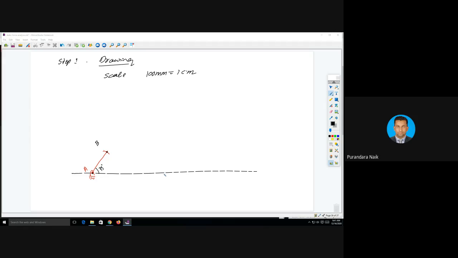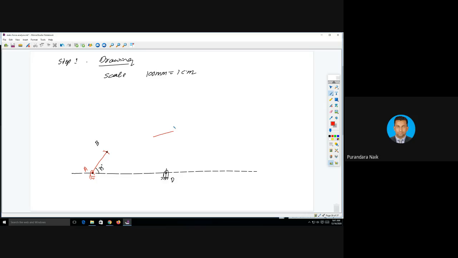AD length. AD length is 5 centimeter. Cut the length. This is D. You know the length of DC. Cut the length. DC is also 300.